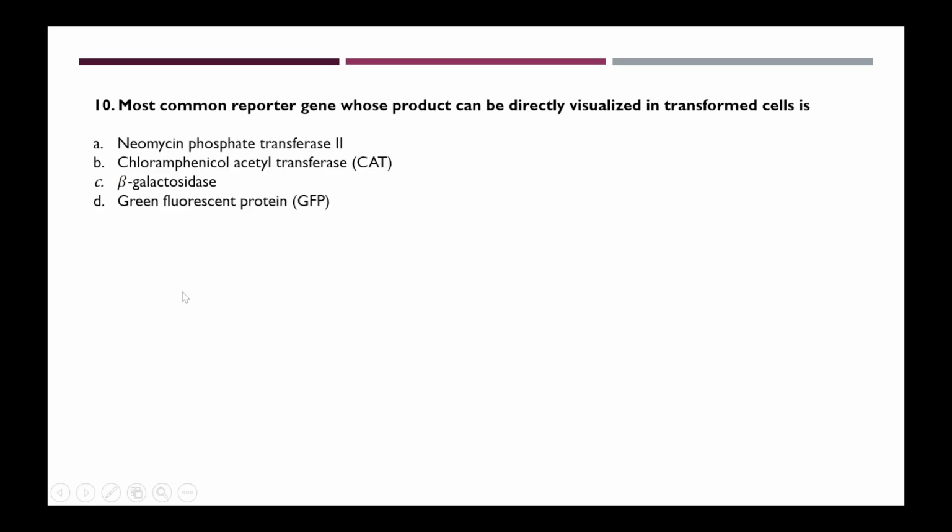Next is the most common reporter gene whose product can be directly visualized in transformed cells. What could it be? GFP, ma'am. Yes, GFP. If you visualize the cells under the microscope, you'll see a green fluorescence because of GFP. In order to do that, you have to make a fusion protein.